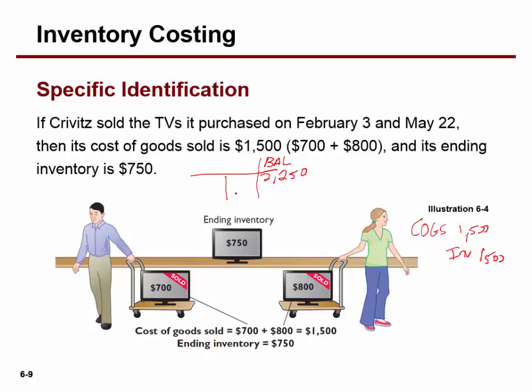And then when we credited the inventory for 1,500, we ended up with the 750. And that's for our inventory account, right? Okay? Okay, good. So that's all that's going on there.